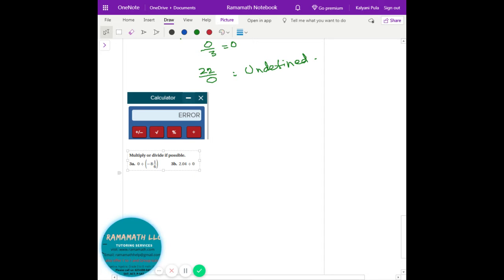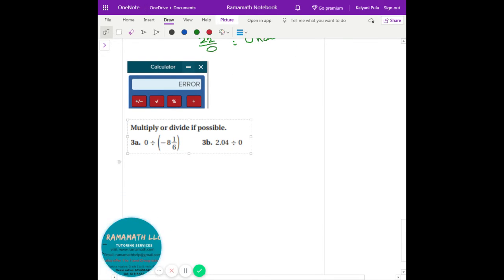So let's try these two questions. Now you can just tell me by looking at the questions. What is 3a going to be? What's the answer for 3a? 0, there you go.